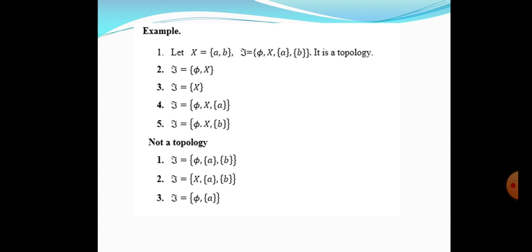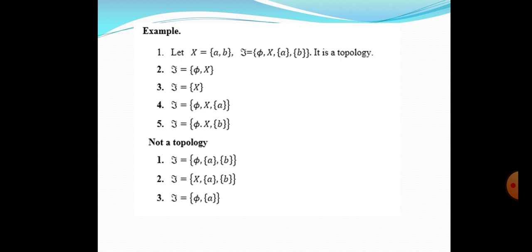Then union of two sets. Empty union X equal to X, the whole set. So the second property is also satisfied. Next you take other two elements. For example, singleton set A and singleton set B: the union of these two sets equals set A, B. This A, B is the whole set X, so it is also there in the topology.